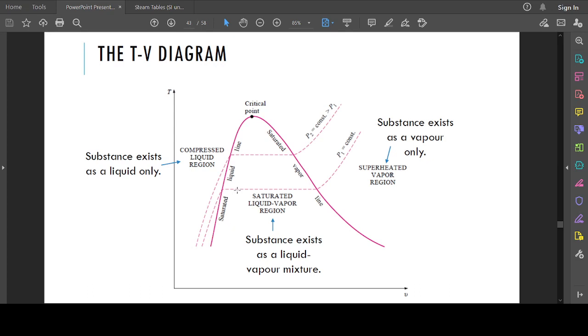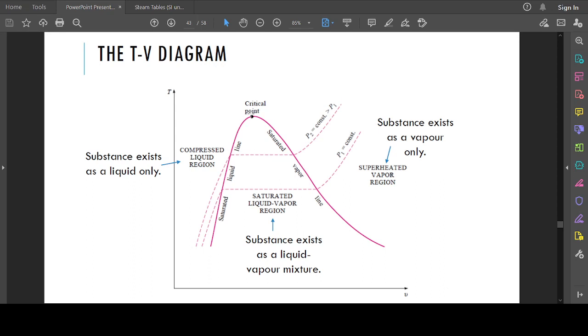At a certain temperature all the liquid evaporates and becomes saturated vapor. Then, if the temperature increases while the pressure remains constant, the saturated vapor becomes superheated vapor, and this is known as the superheated region.